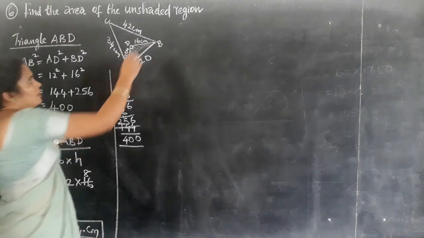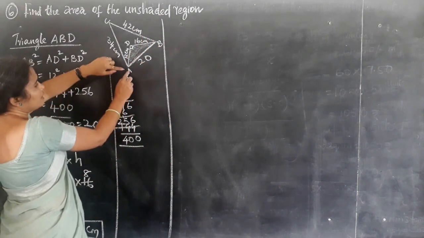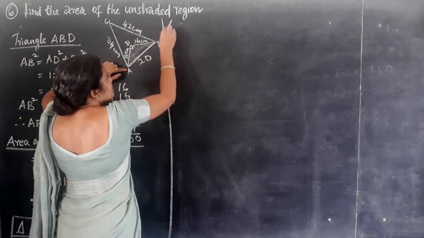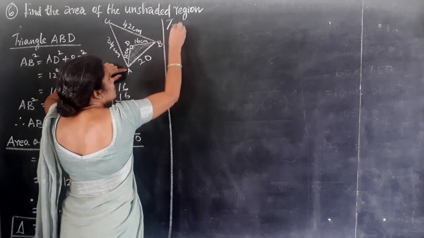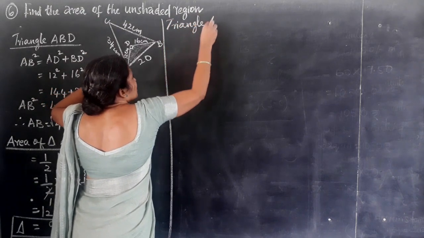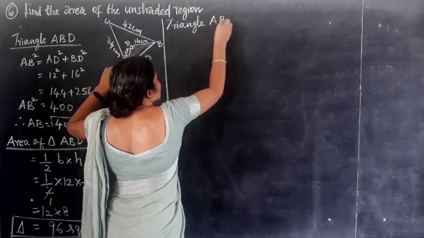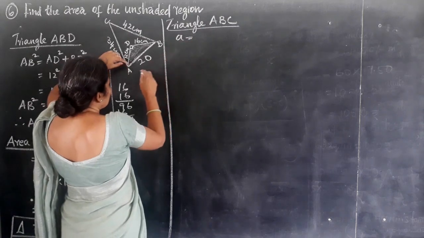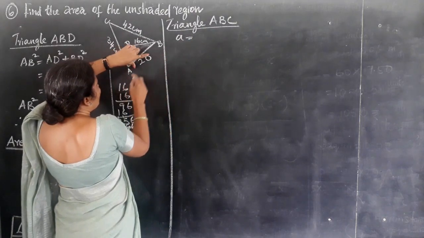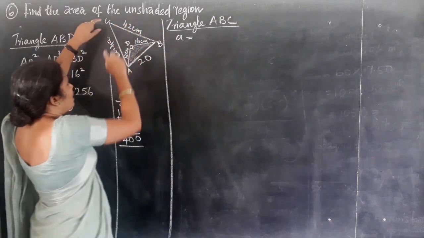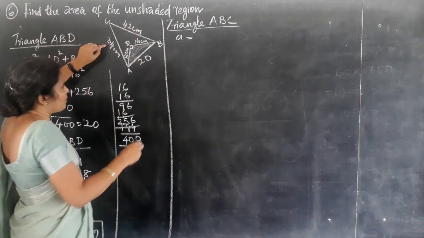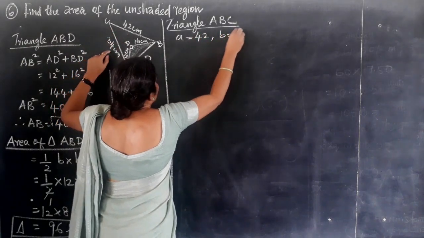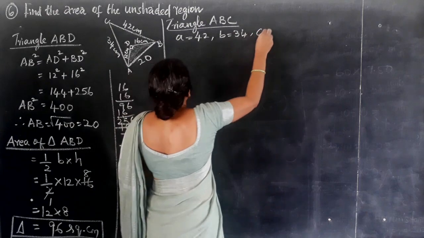Okay, now let us find the area of triangle ABC. Here the sides are AB is equal to 20, BC is equal to 42 and AC is equal to 34. So take a as 42, b is equal to 34 and c is equal to 20.